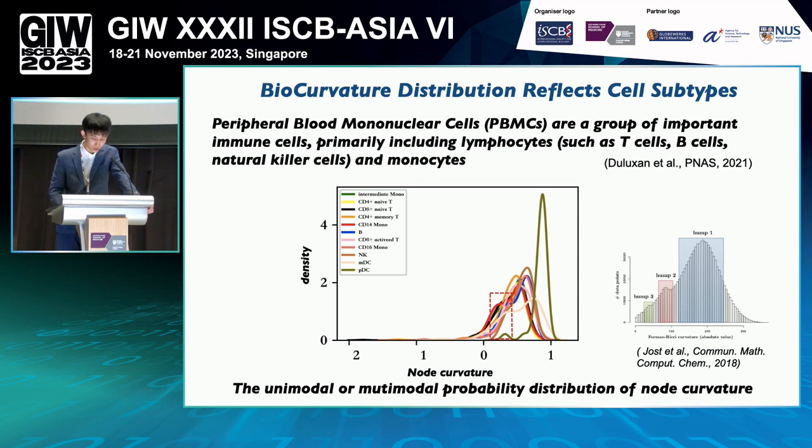Interestingly, we calculated the distribution of the curvature of each cell type. They are not a uniform distribution, but a multimodal distribution, which means that T cells have multiple subtypes to respond to different immune responses, which is consistent with the immune study.